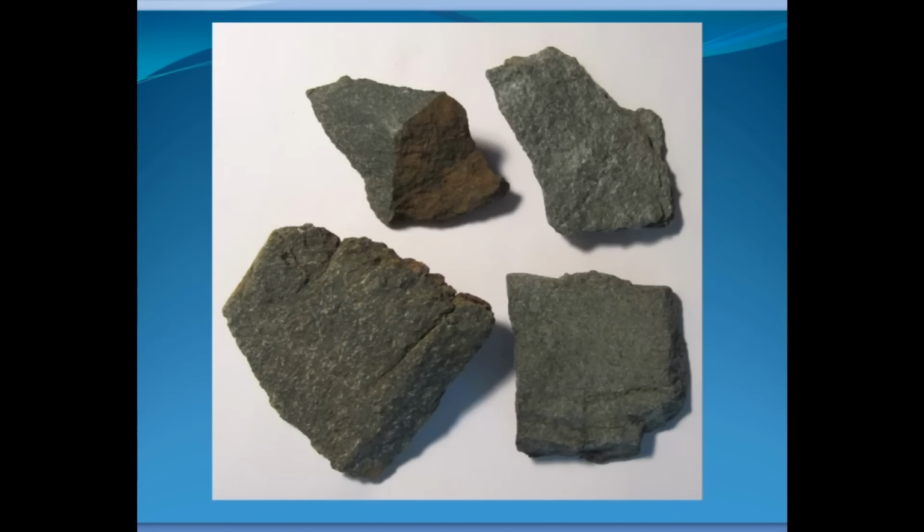Now, there's a lot of different kinds of favorable rock types. It really is something that's different for every area, but there are some things that go from area to area. Now, here I've got pictured 4 pieces of greenstone from very different locations, and I want to make sure that you understand that every green colored stone is not a greenstone.